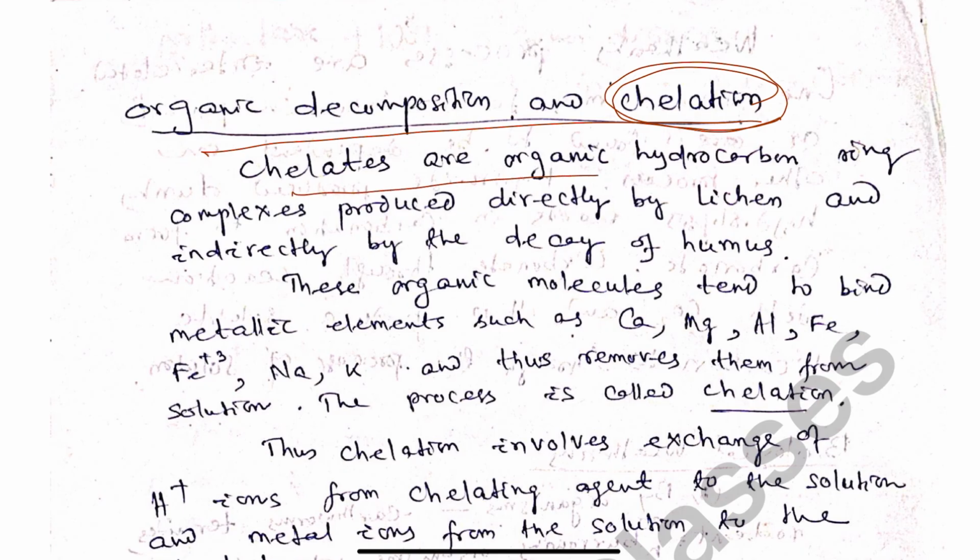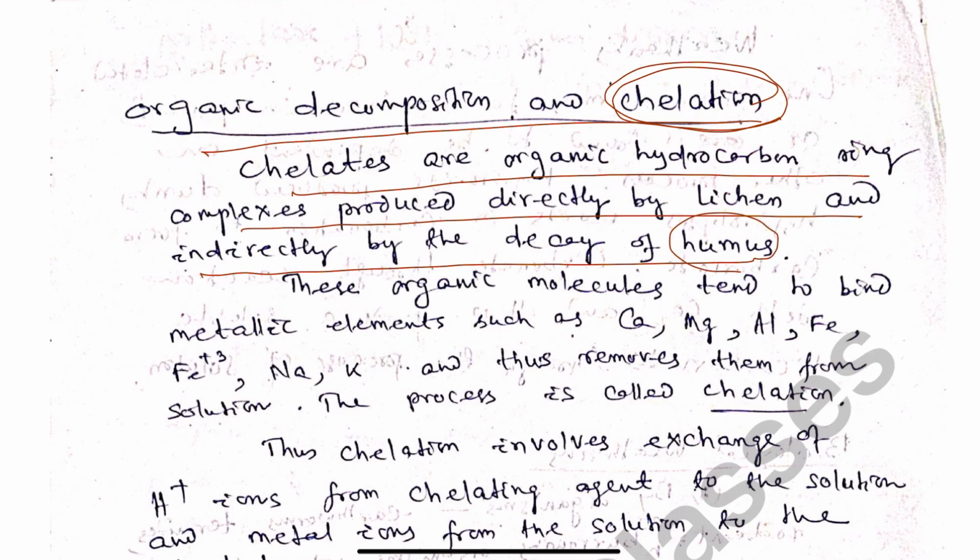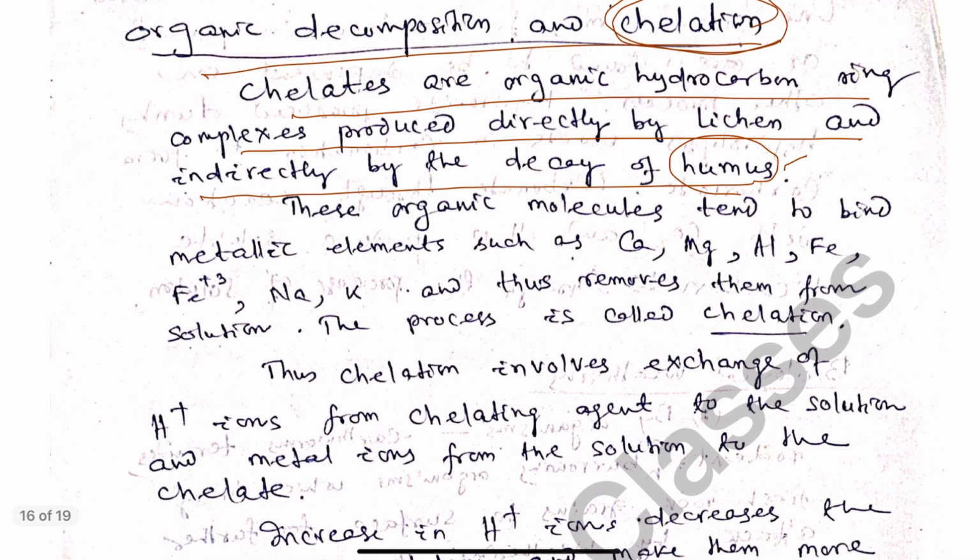Chelates are the organic hydrocarbon ring complexes produced directly by lichen and indirectly by the decay of plant materials to produce humus. Humic acid, it is acid. So this decay of organic materials, plant leaves, produces humus. And these organic molecules tend to bind metallic elements such as calcium, magnesium, aluminum, iron, ferrous iron, ferric iron, sodium, potassium.